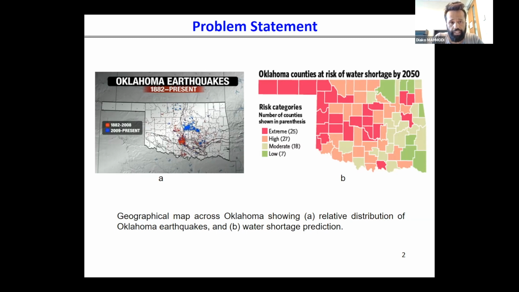And as you can see, the blue spots are increasing. On the right side, this is a map of water shortage prediction. As you can see, the west of Oklahoma will be facing drastic water scarcity in 50 years. That's why we need to think about treating produced water.